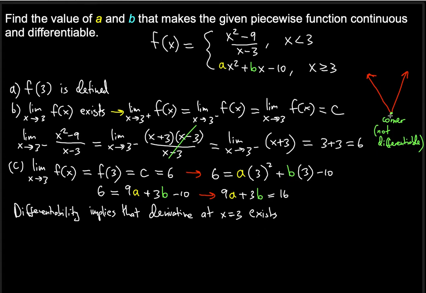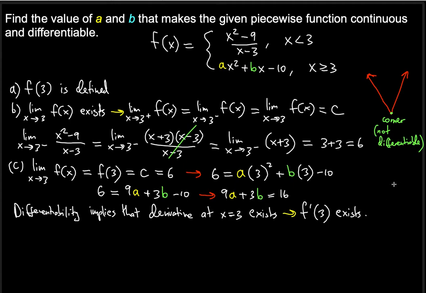Because we know whenever there's a corner, it's not differentiable. There's no derivative function that we can work out. But here, differentiability implies that the derivative at x equals 3 exists. What that means, furthermore, is that f prime of 3, which means the derivative at x is equal to 3, exists.